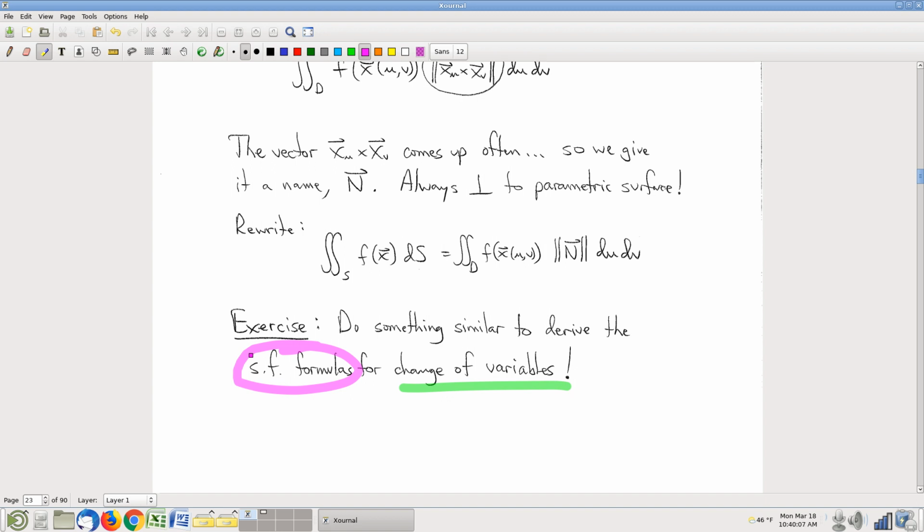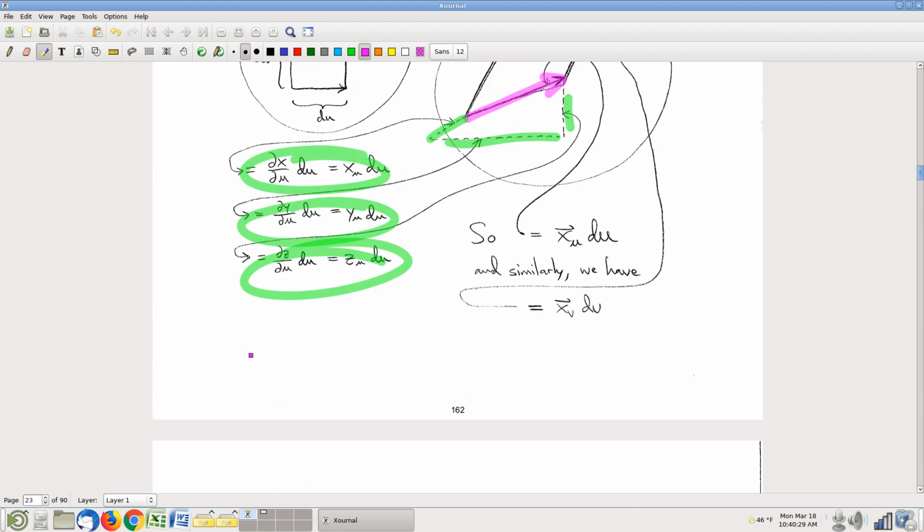It's the first time that you see this idea of a pullback and this idea of a stretching factor, and I didn't want to go off into the weeds of the details of how to find that stretching factor. There's enough to keep track of as it is. But if you'd like to know how to derive that formula for the stretching factor in change of variables, it's the same exact argument. It's just 2-dimensional instead of 3-dimensional.